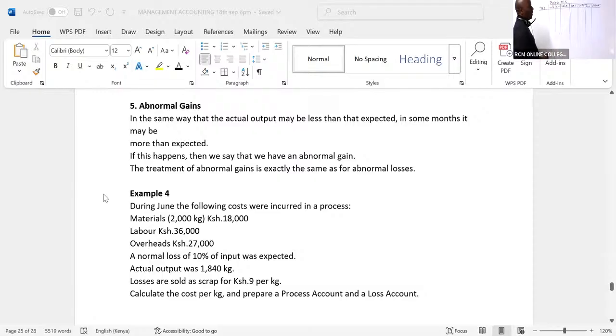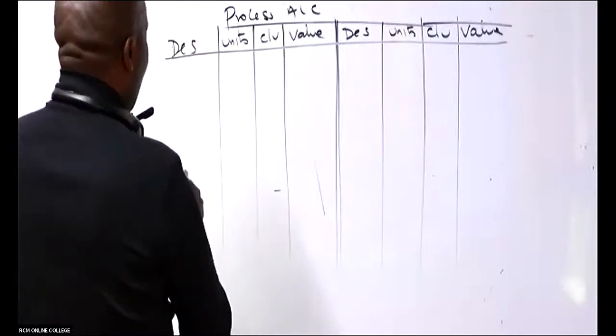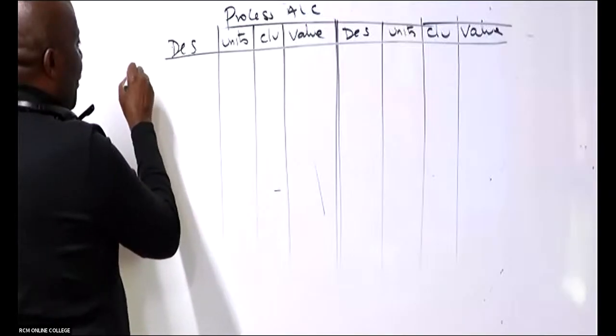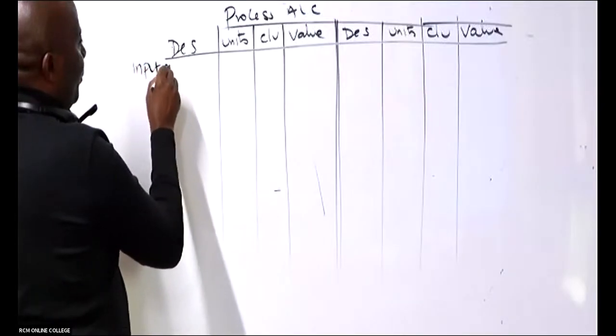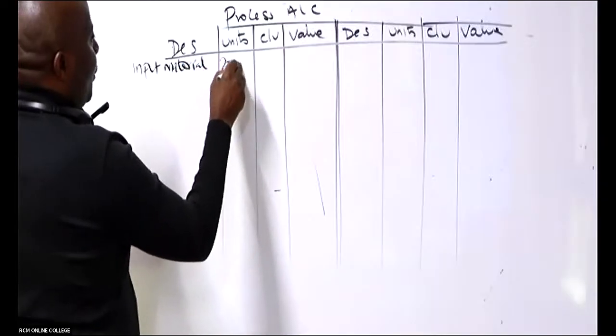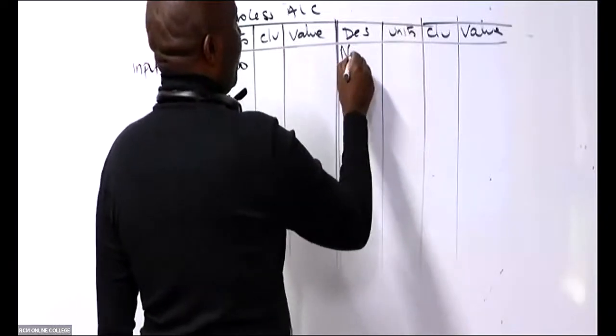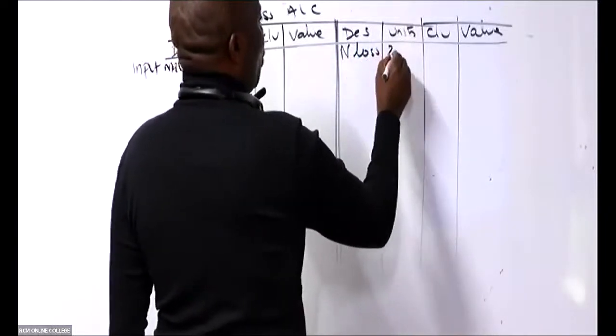All right. Now, ladies and gentlemen, after that, we should be able to post our throughput. Start always with the throughput. For example, we had input material cost of $2,000. We had normal loss of 200.